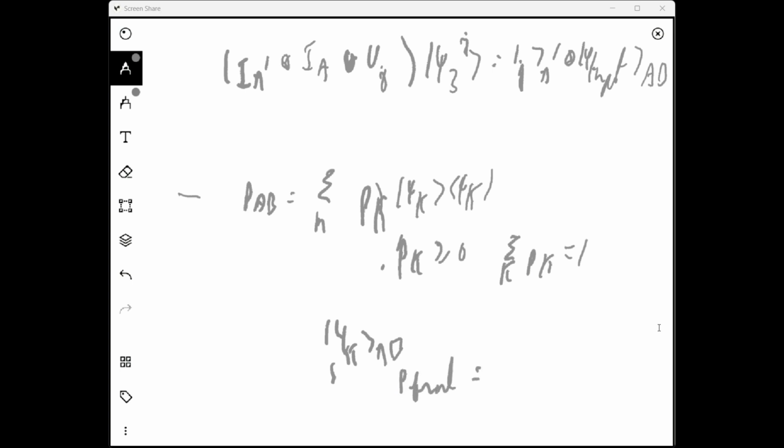So it's like we apply the pure state protocol many times with a distribution that will represent the probabilities.